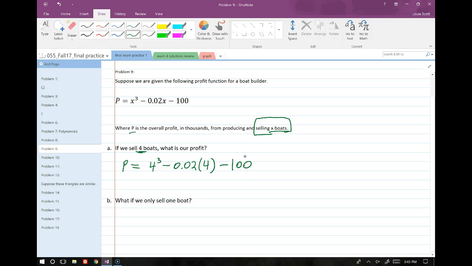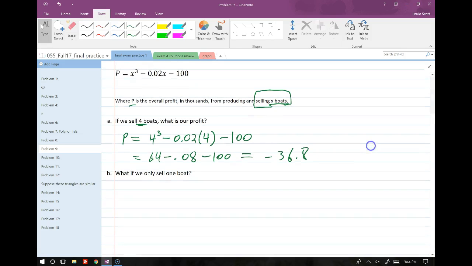When you calculate all this stuff out, you end up with 64 minus 0.08 minus 100, which ends up being negative 36.8. So if this guy only builds and sells 4 boats, he actually loses $36,800.